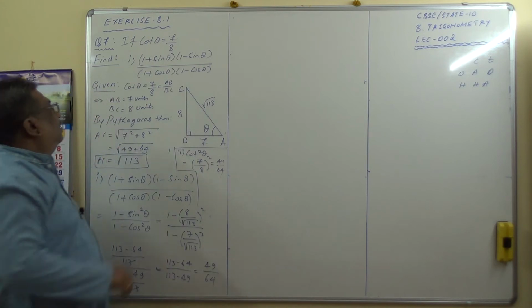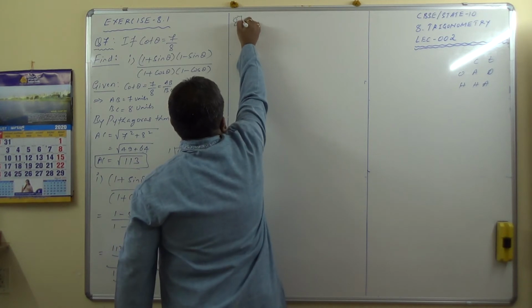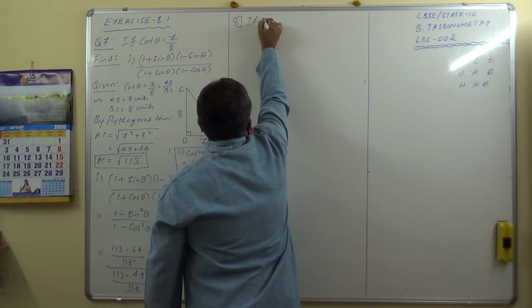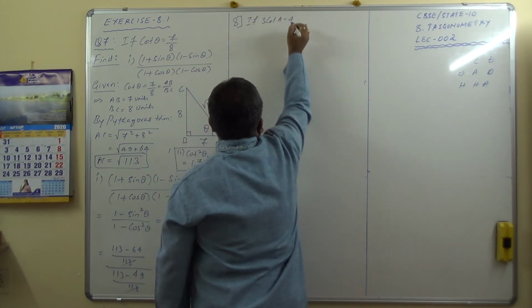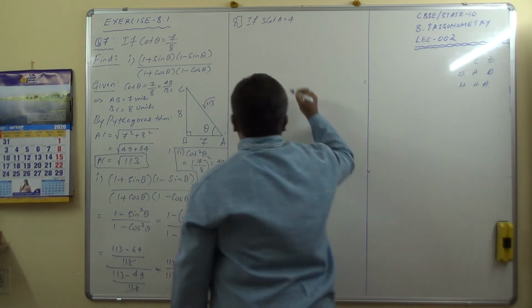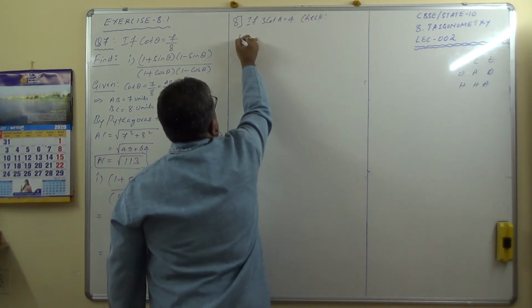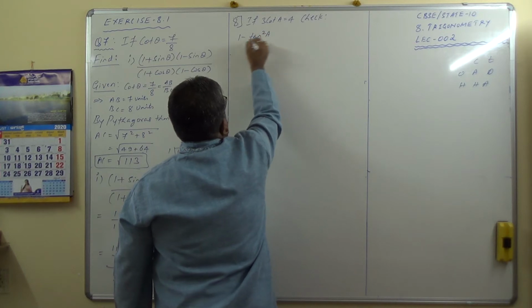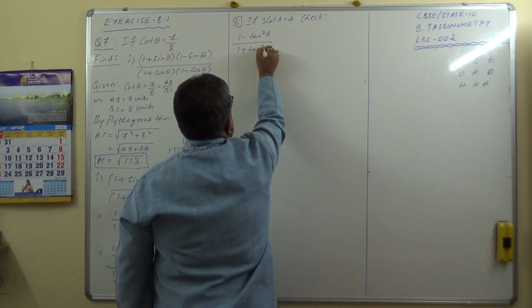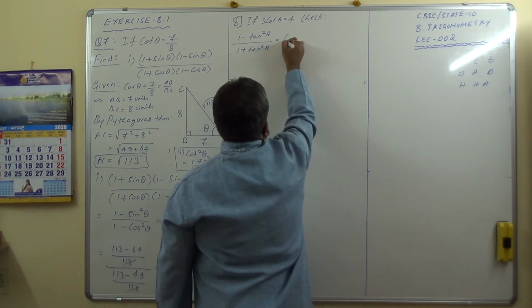Next question, question number 8. I'll read it. If 3 cot A equals 4, then check whether 1 minus tan square A divided by 1 plus tan square A equals cos square A minus sin square A or not.